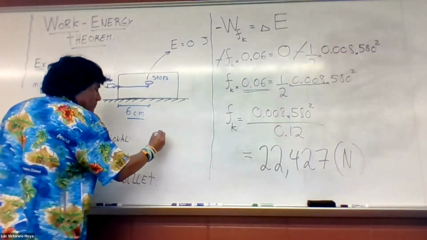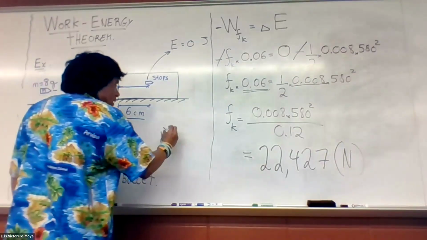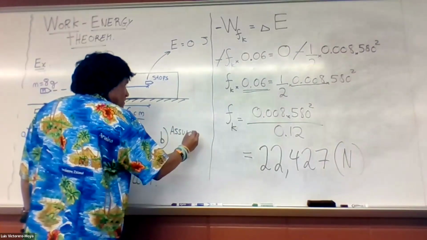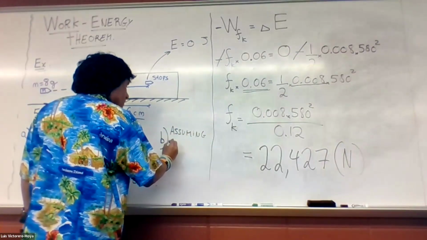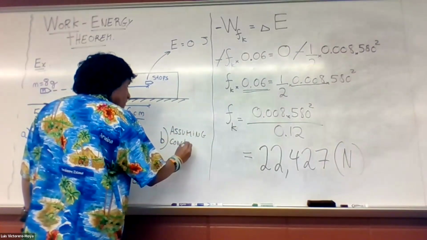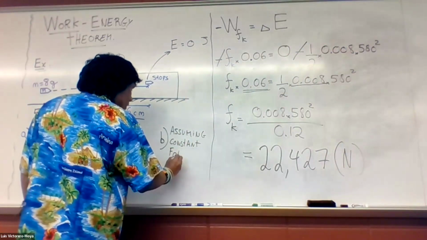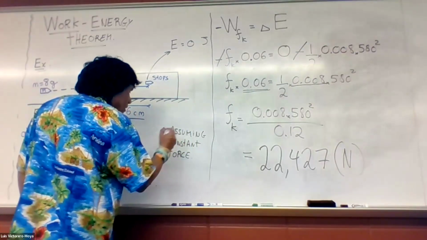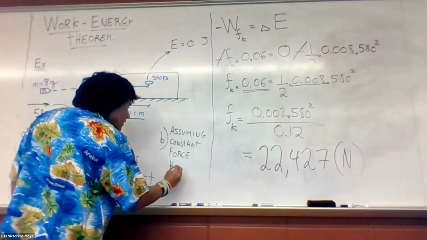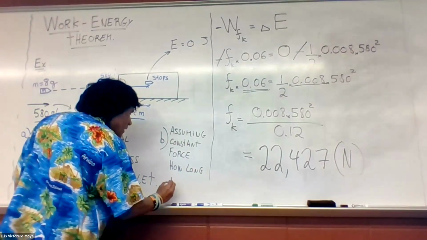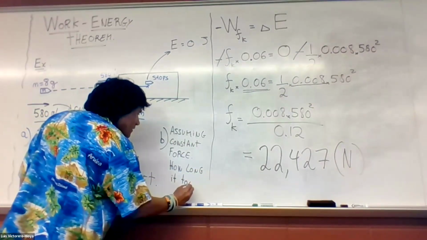So what's part B? Assuming a constant force. So assuming that's constant, which, yeah, I guess you can assume. Assuming a constant force, how long did it take the bullet to stop?